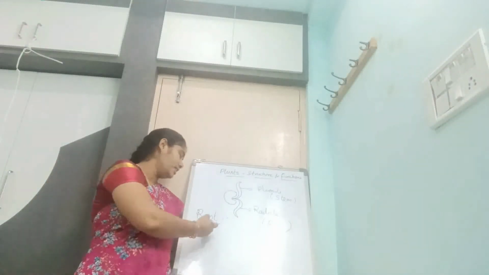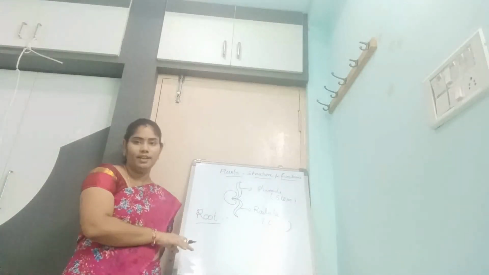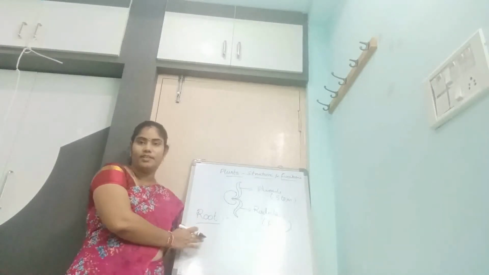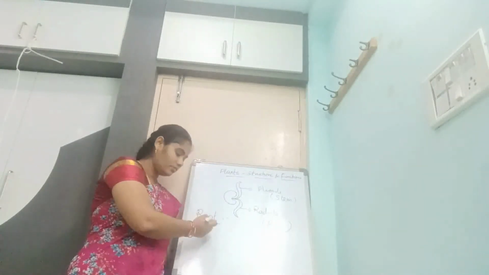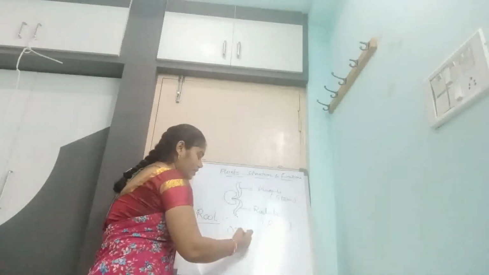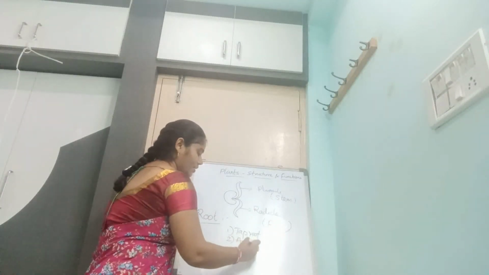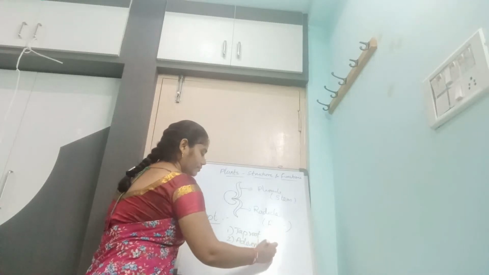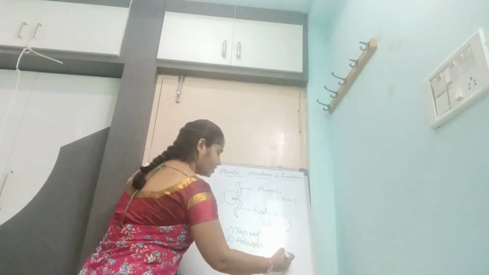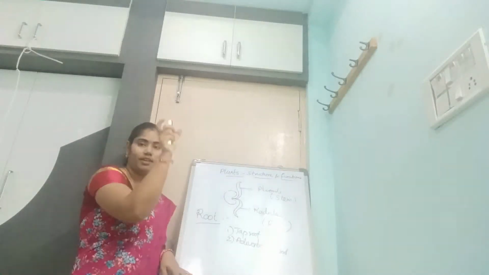Okay. The first part is root. Generally root is under the ground or in the soil. It grows and is not seen by our eyes. The root is again of two types. One is taproot. The second is adventitious roots. The taproot is generally at the center.